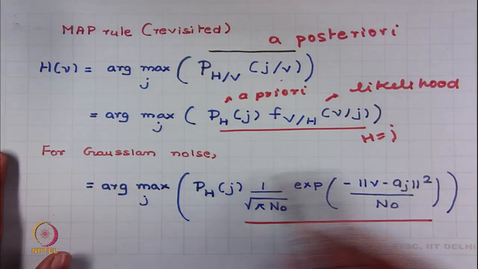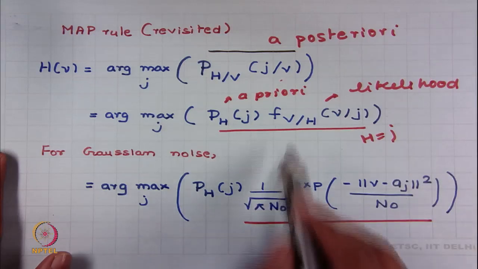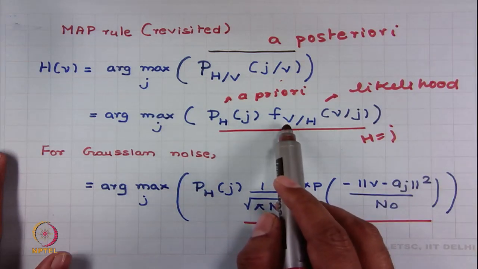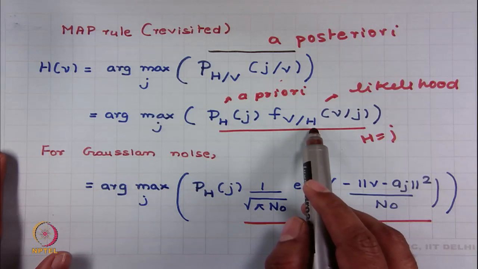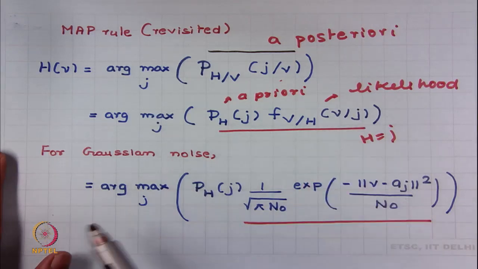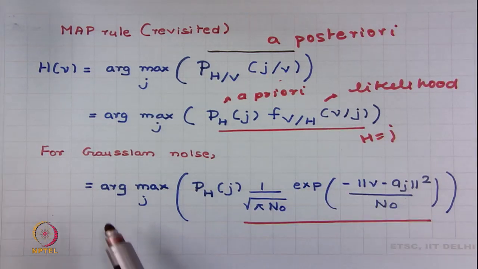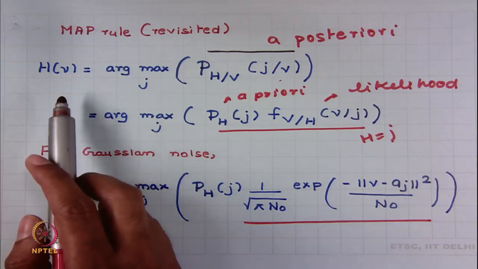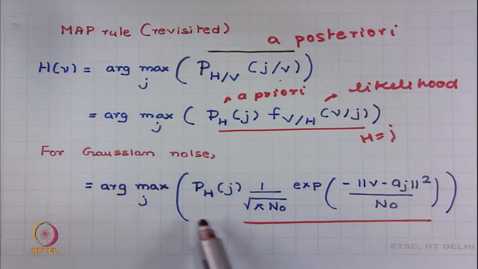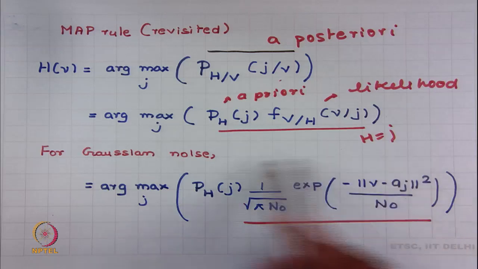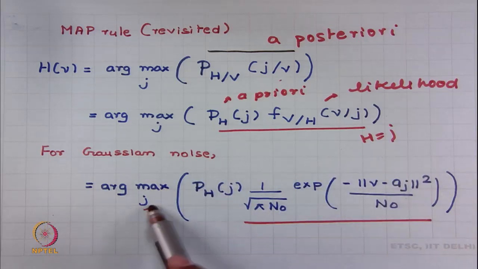So, now we know this is the probability density function of random variable V given that the hypothesis is J. And what the MAP detector would do is find the J for which this quantity is maximum.